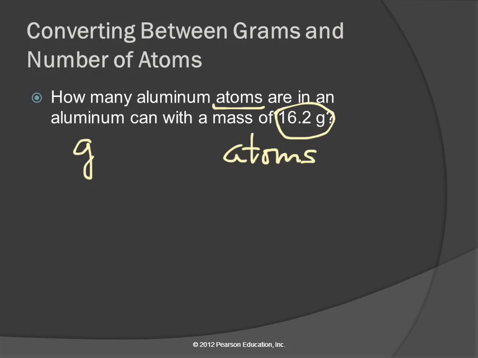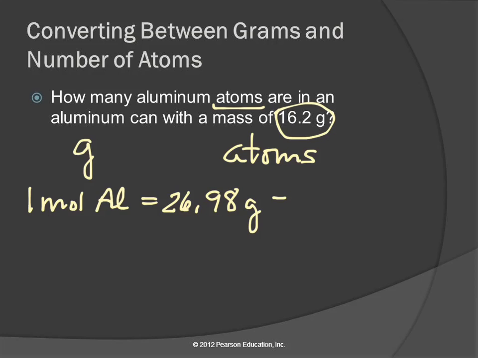Well, let's write down what we do know, okay? We know that 1 mole of aluminum is 26.98 grams. That's from the periodic table.